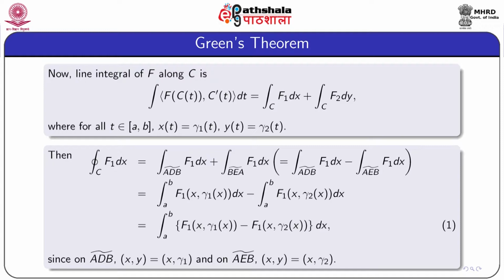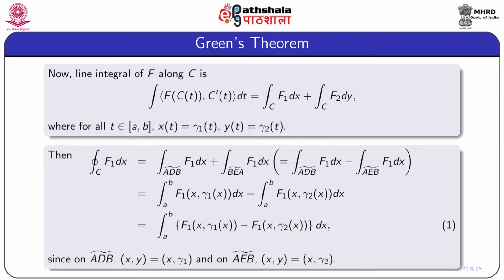Now, the value of the integral of f1 dx for the curve AEB is the negative of the same integral for the curve BEA. So, this equals integral a to b f1(x, gamma 1(x)) dx minus integral a to b f1(x, gamma 2(x)) dx. So, we can write this as integral a to b [f1(x, gamma 1(x)) minus f1(x, gamma 2(x))] dx.